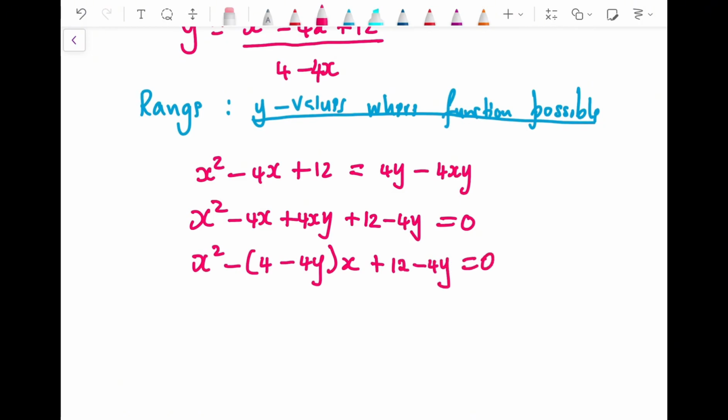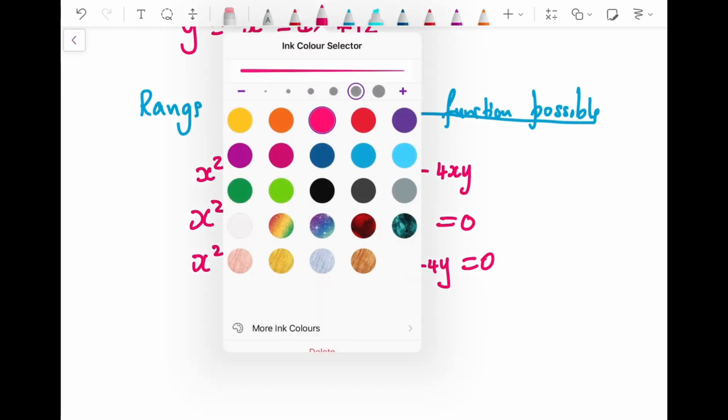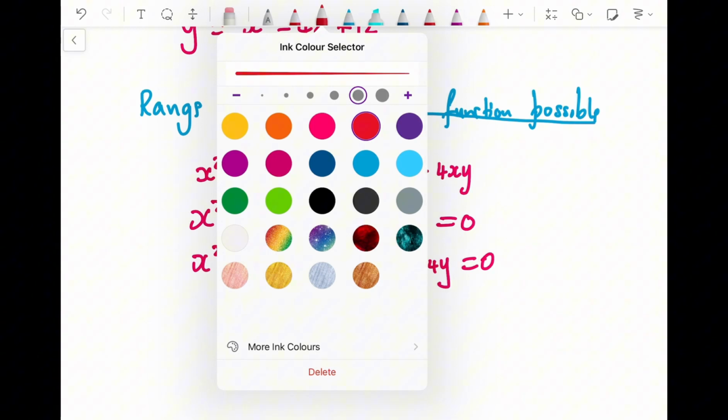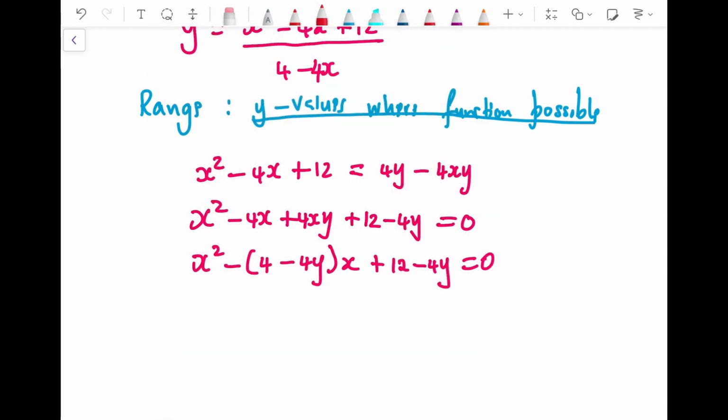This is equal to 0. From here, we can see that we have our a. Our a is equal to 1. We have our b. Our b is negative 4 minus 4y. We have our c. Our c is equal to 12 minus 4y.